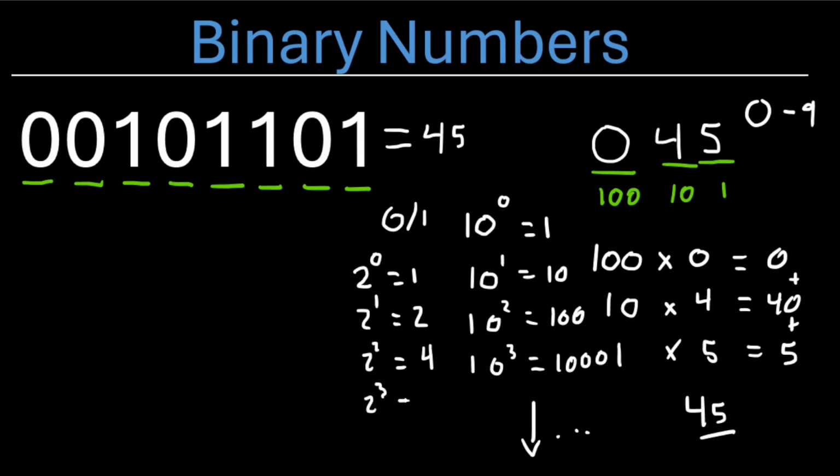Move again, 2 to the third gives us 8. Hopefully you're seeing a pattern here. We got 1, 2, 4, and 8. Each bit takes the previous bit's value and just multiplies it by 2. So this will become 16, this will be 32, this will be 64, and this will be 128.